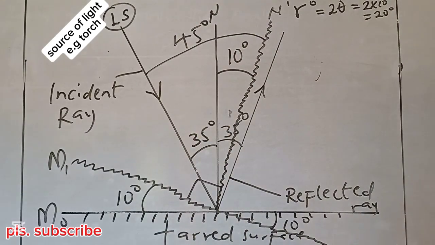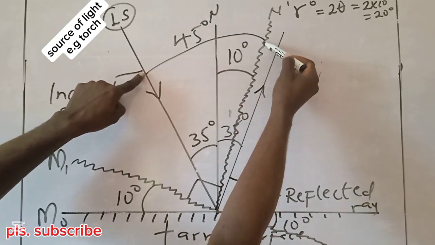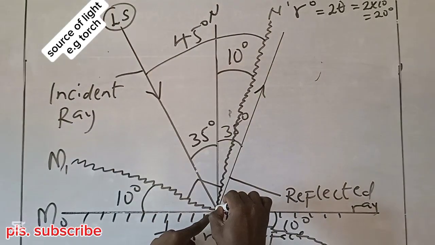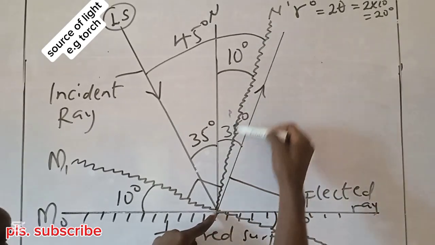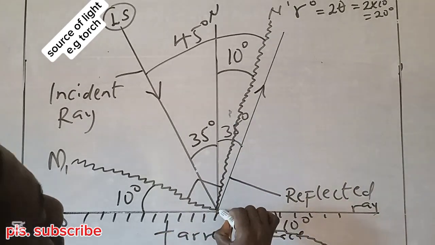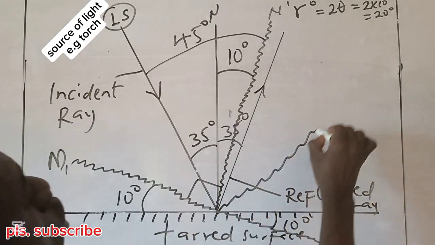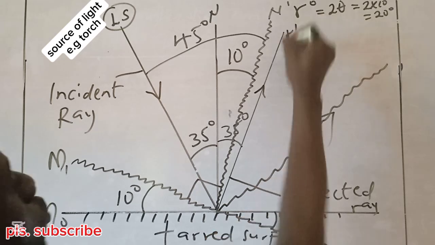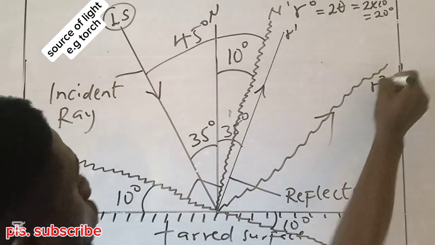In the same way, I'll also have a new angle of reflection. This ray will bounce again. This time, for the second experiment, I'll also be having a zigzag line here again to show the new reflected ray. This is the new one. This is the initial one. Let me call it R1 and call this one R2.